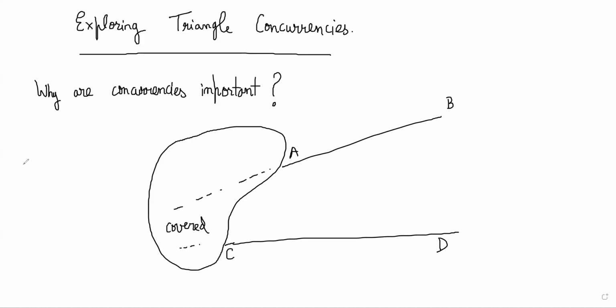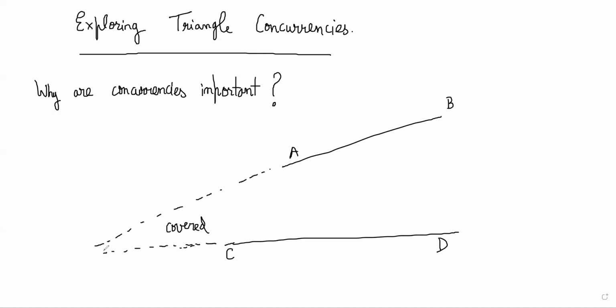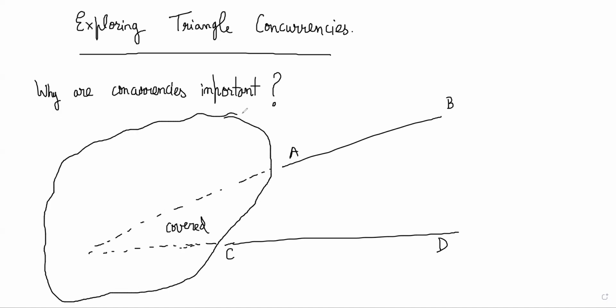So think about this inaccessible region and we can't really see what's going on here. But imagine that they were extended and they meet at a certain point. This is your inaccessible region, which you can't see. I want a third wire such that it is on the angle bisector here. Imagine there is an angle bisector at the point of intersection of wires AB and CD.